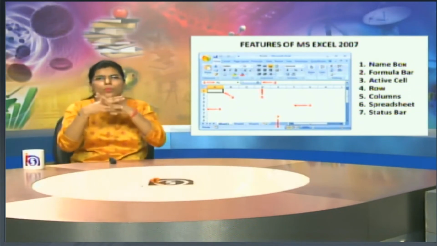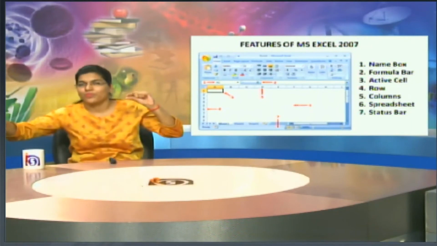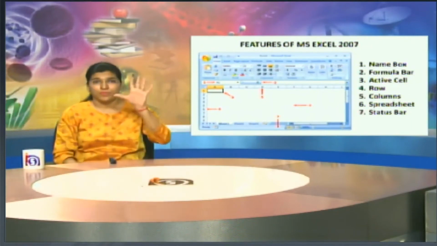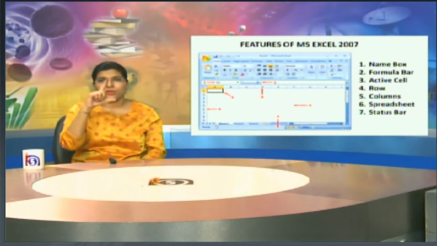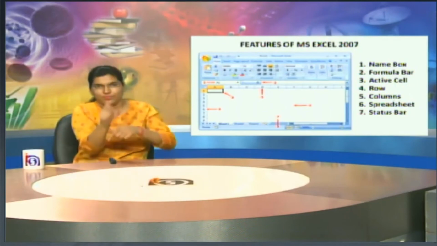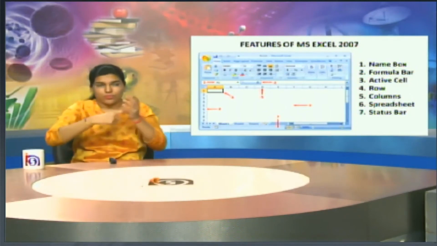The fourth one is row. The fifth one is columns, that you can see as the long columns on the screen.